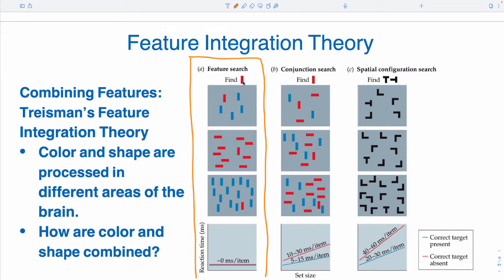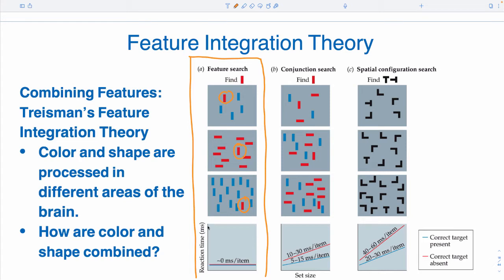We're looking for the red vertical bar. Here, it definitely pops out at us very easily. Red versus the blue bars. They're all the same orientation, but there's only one red. Here, also pops out at us. It's the only one that's vertical. All the other ones are horizontal. And here it pops out as well. It's the only one that's red.